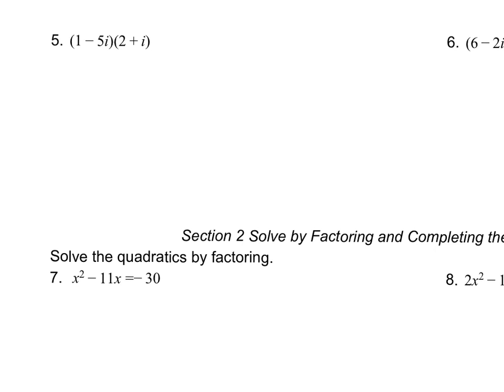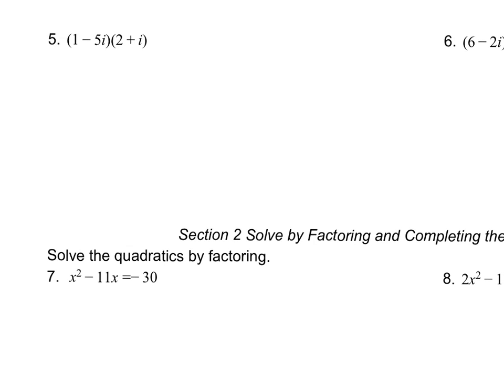Okay, so the next couple of problems are multiplying complex numbers. So when you multiply complex numbers, we FOIL. So 1 times 2 is 2. 1 times i is positive i. Minus 5i times 2 is minus 10i. Minus 5i squared is the last one. Now, the 5i squared, remember, i squared is -1.